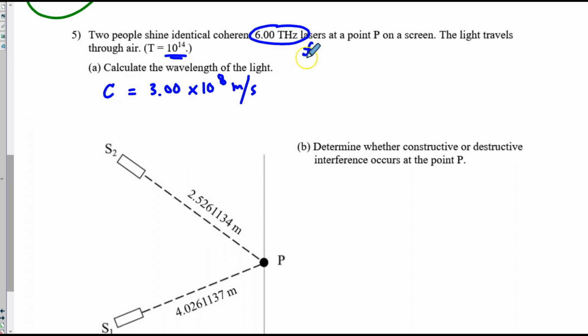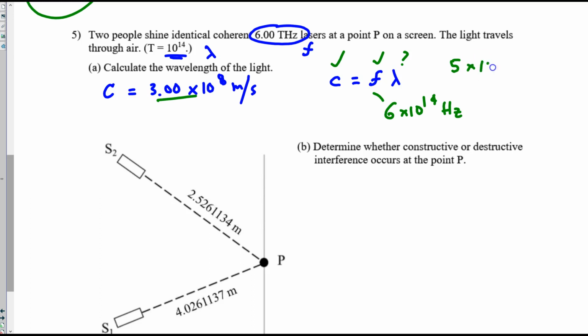So if I know c, and I know frequency, and I seek wavelength, I can just use this equation. Plug in that speed, plug in that frequency, make sure to convert that to regular old hertz, and find lambda. I think lambda comes to 5 times 10 to the minus 7, yes, meters. And if you wanted to convert that into nanometers, it would be 500.